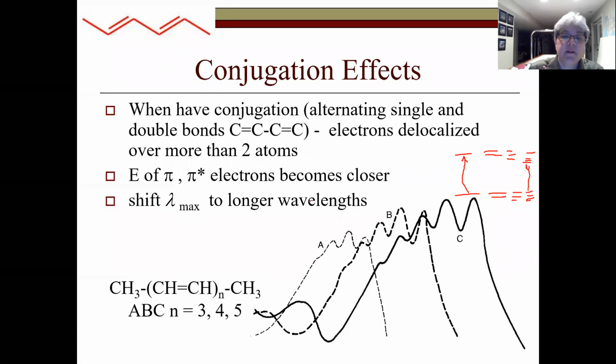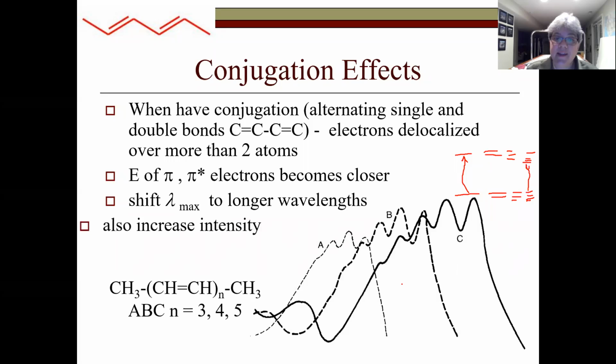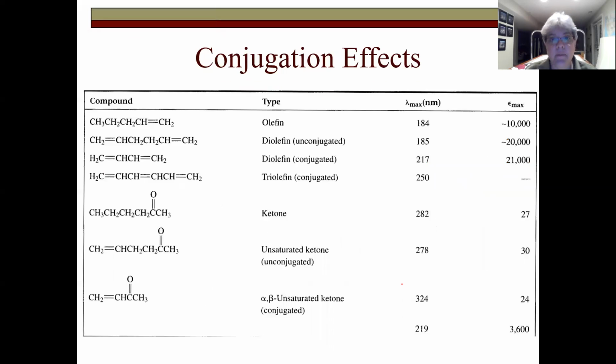Notice here I've got 3 sets of these double bonds versus 4 versus 5, and the absorption maximum gets more and more red the more double bonds you have. Also, the intensity increases as you get more of these. So that's a conjugation effect. More conjugation means more redshift.